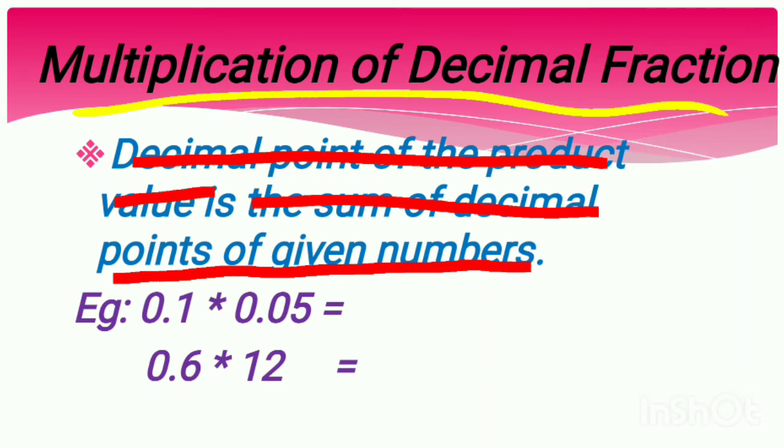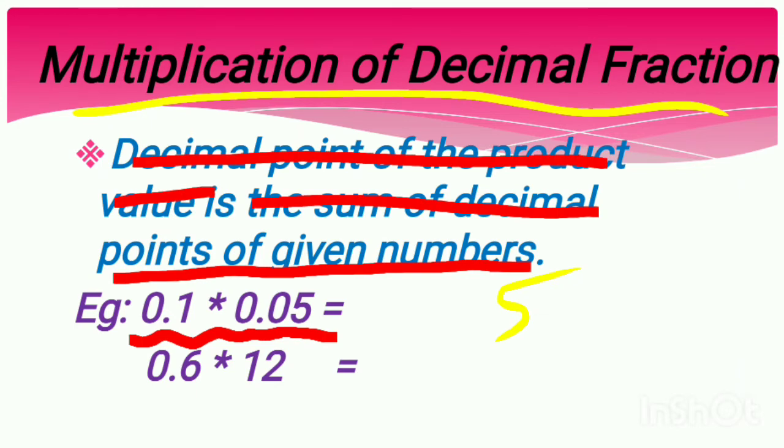Let us make it clear by solving these example problems. First example, 0.1 into 0.05. Take out the numbers 1 and 5. 1 into 5, 5, right?